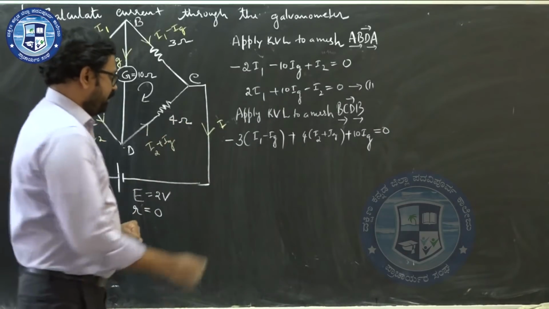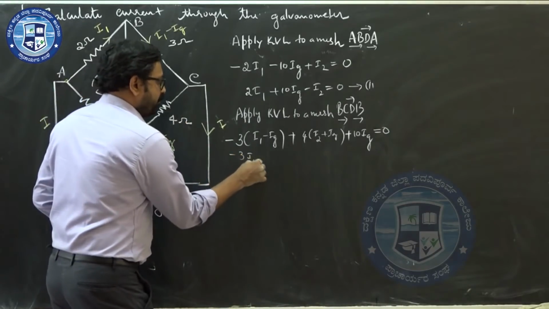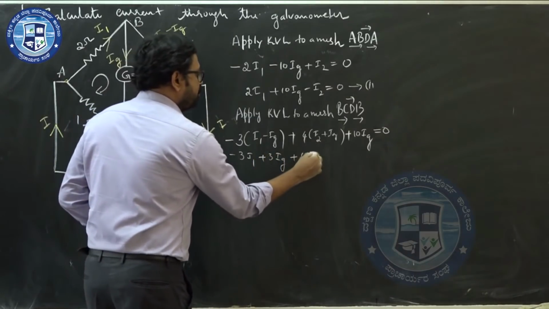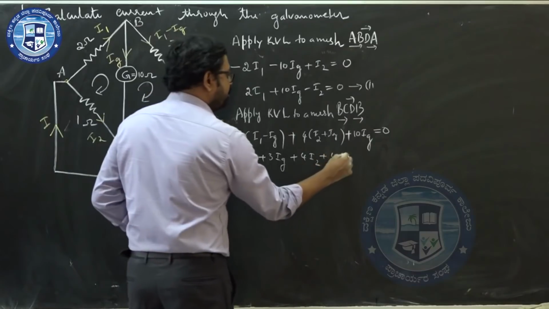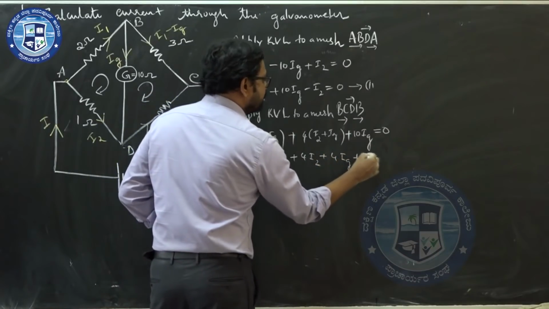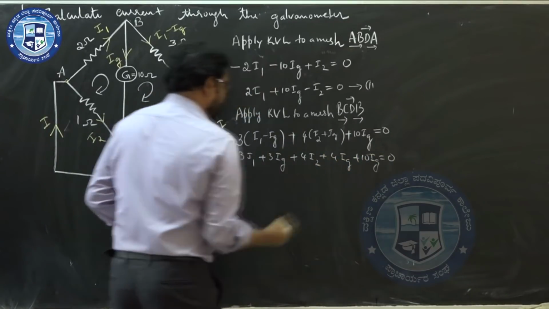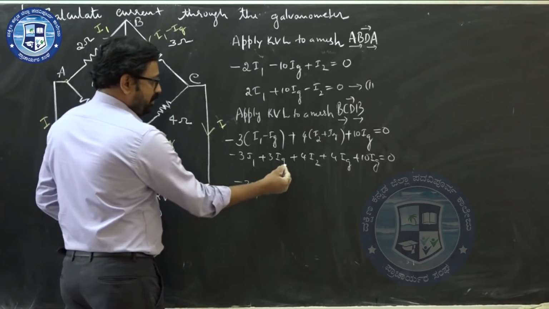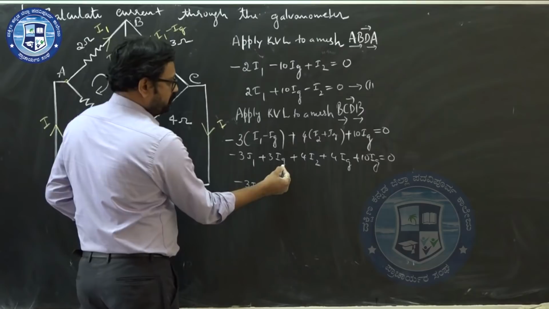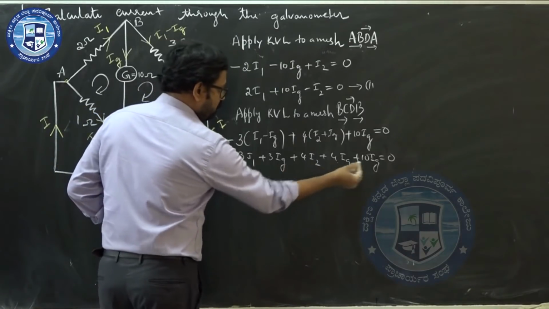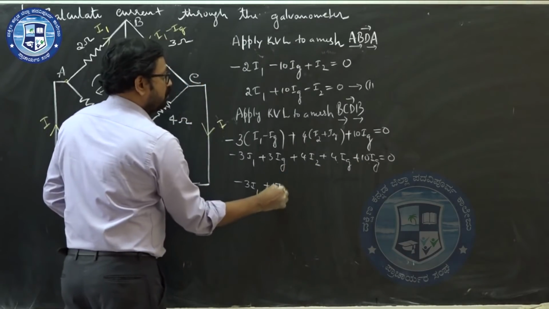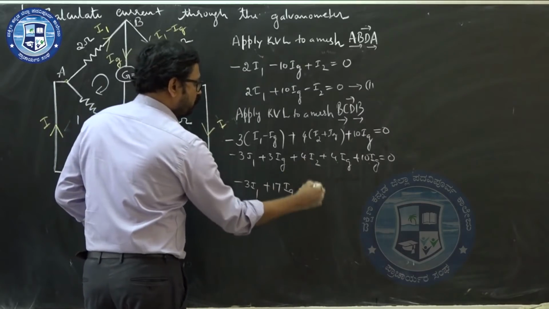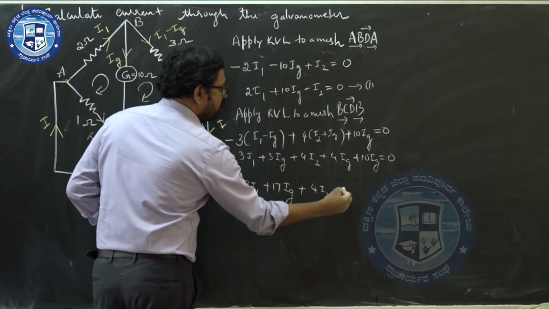Now, if I simplify, this is minus 3I1 plus 3IG, correct? Then plus 4I2, then plus 4IG plus 10IG is equal to 0. I am having minus 3I1 here, and IG will be 3, 4, 7, 7 plus 10, so 17 IG, then plus 4I2 is equal to 0.